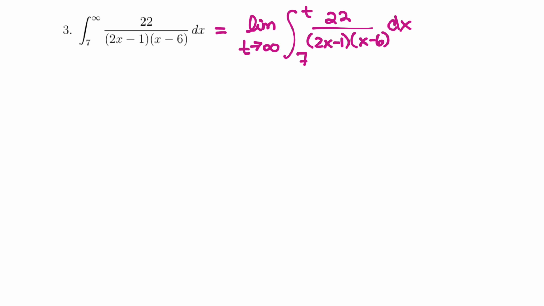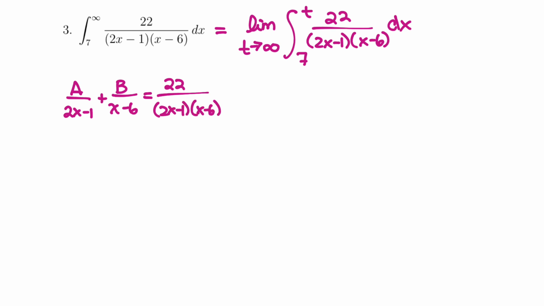So you guys are doing partial fractions, right? Everybody's working out these partial fractions. So I'm going to just do my think bubble here: A over 2x minus 1 plus B over x minus 6. This has to equal 22 over 2x minus 1 times x minus 6.